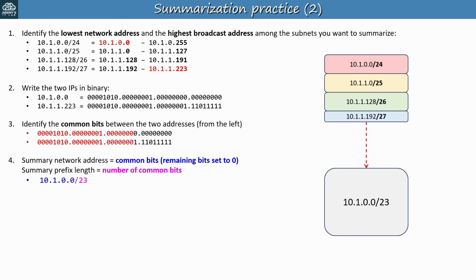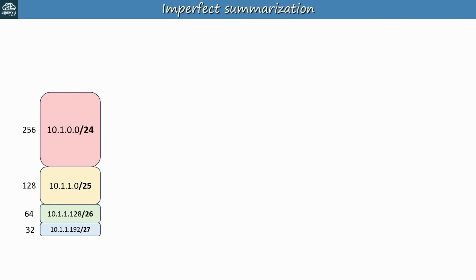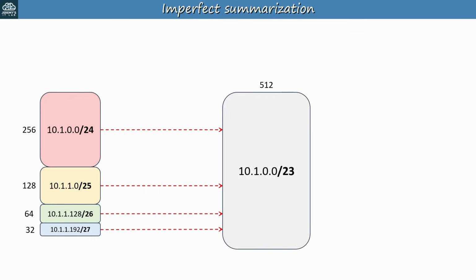And why is that? Well, this is the address range of the summary. Notice anything off? Look at the highest address in the 4 subnets and the last address of the summary. The summary extends beyond the range we actually needed, so it includes extra addresses we didn't intend to summarize. That's an imperfect summary. Let's visualize it. We have these 4 subnets and summarize them into 10.1.0.0/23 with a total of 512 addresses.